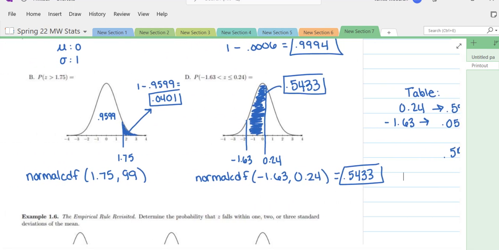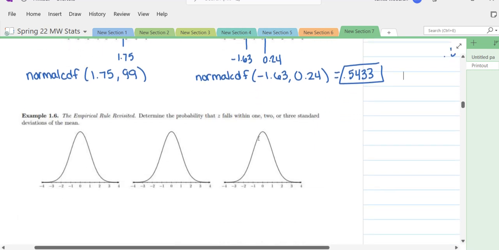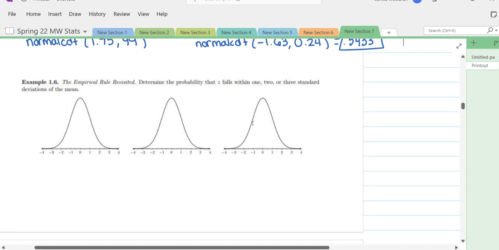All right, example 1.6. Remember the empirical rule? Do you guys remember that? What percentage would fall within one standard deviation of the mean? Do you guys remember? That was Chebyshev's theorem.